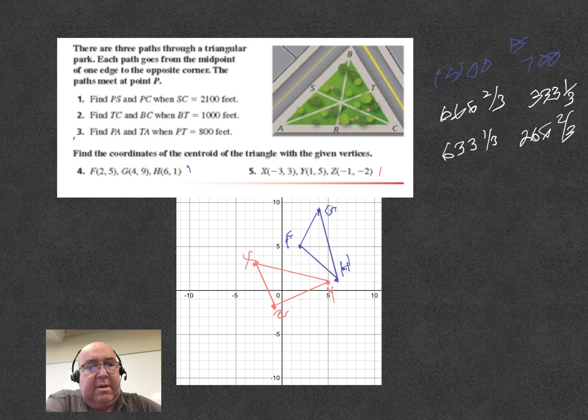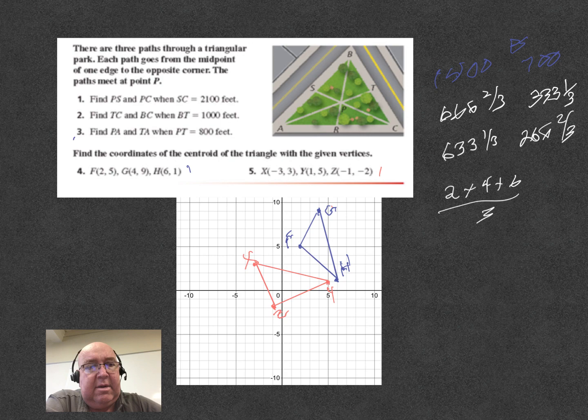One thing you can do is find the centroid algebraically. If we're looking at the blue triangle, which is number 4, we're going to take the x values, 2 plus 4 plus 6, and divide those by 3.